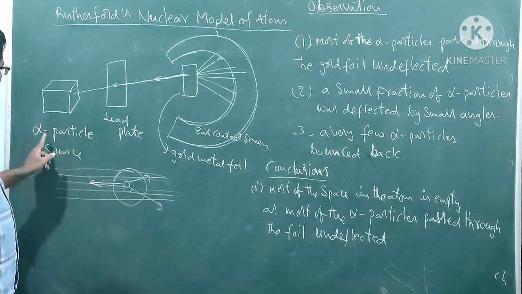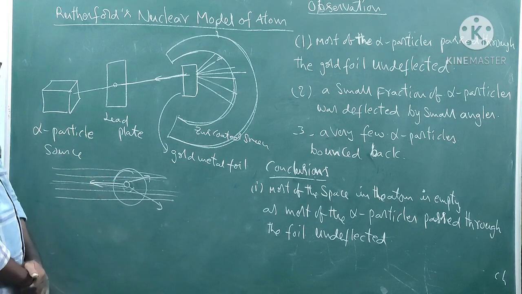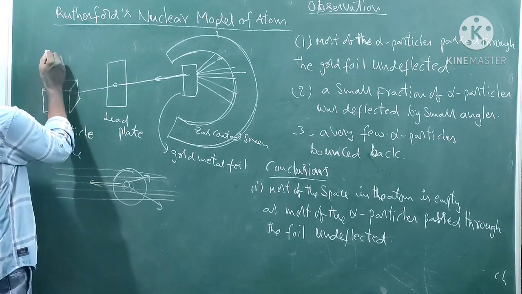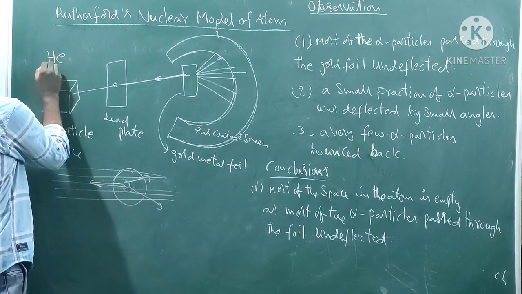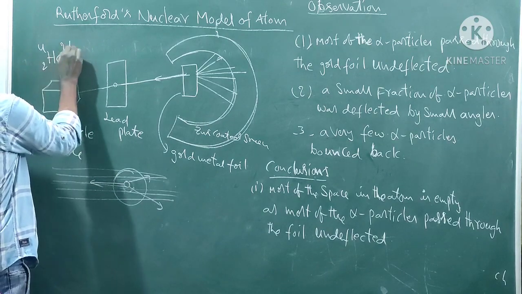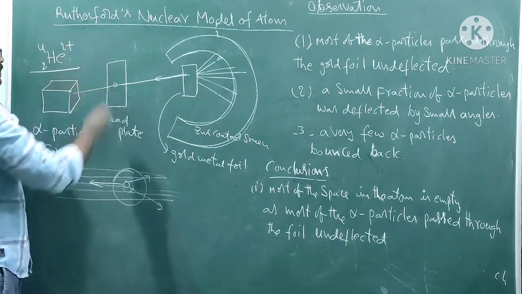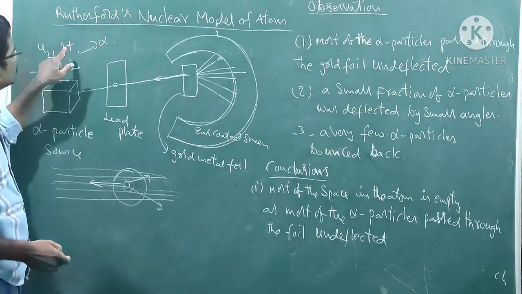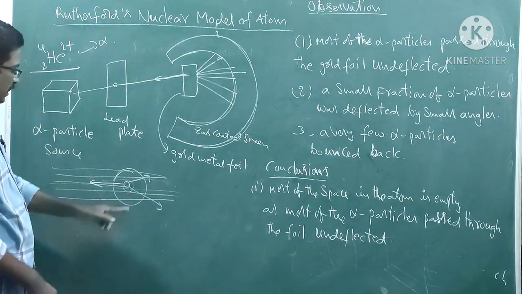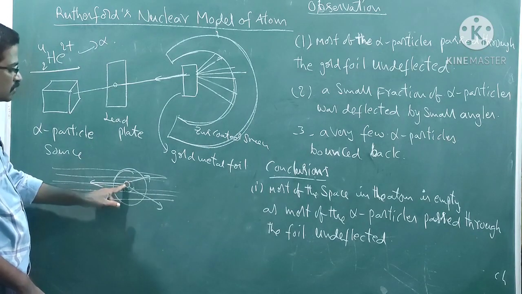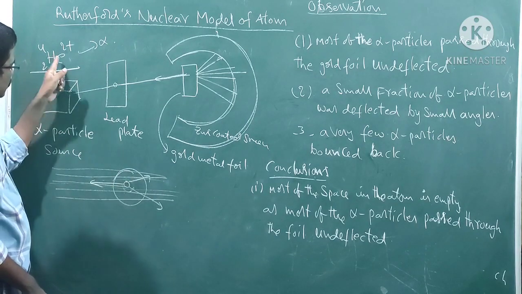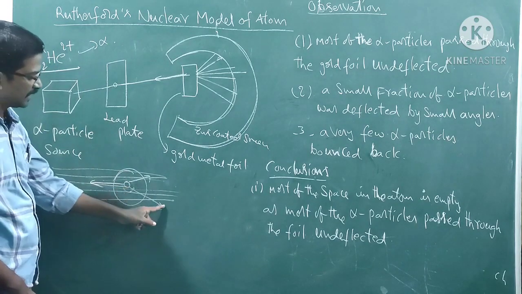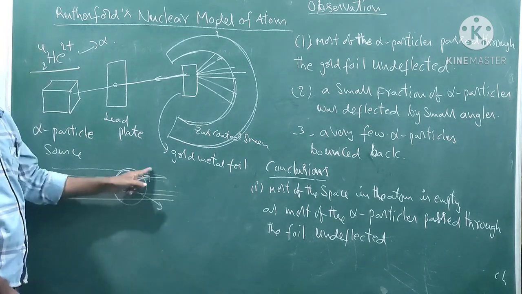What is an alpha particle? An alpha particle is a helium 2 plus ion. It contains a positive charge. Here the nucleus also contains a positive charge. That is the reason why the positive charges are repelled and deflected like this.